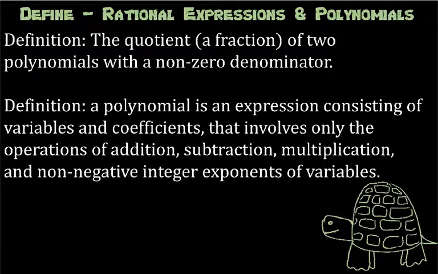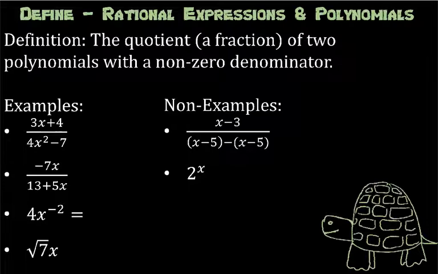Since that definition includes the term polynomial, I want to give the definition of a polynomial here. It's an expression consisting of variables and coefficients that involves only the operations of addition, subtraction, multiplication, and non-negative integer exponents of variables.